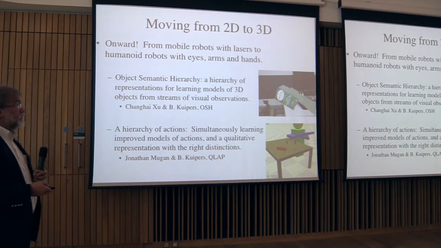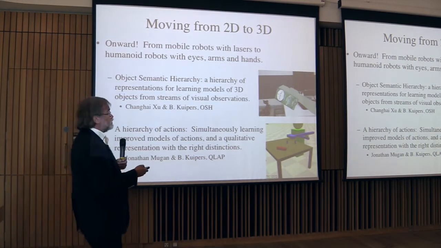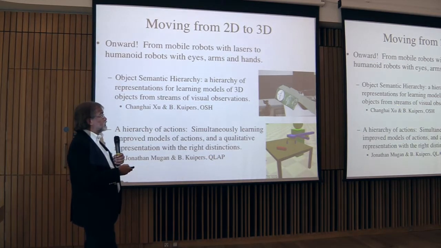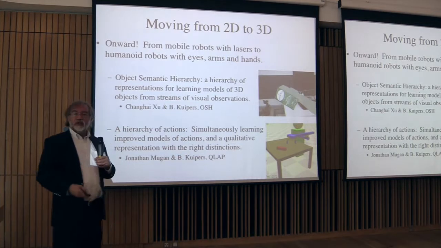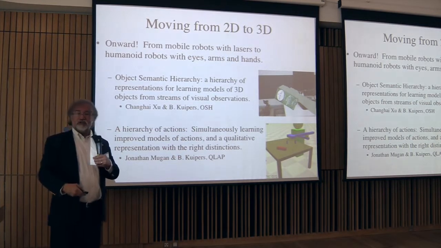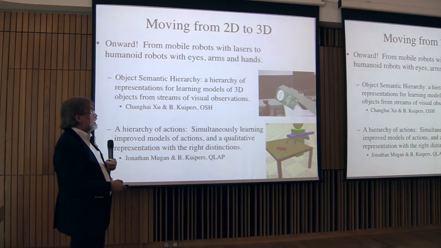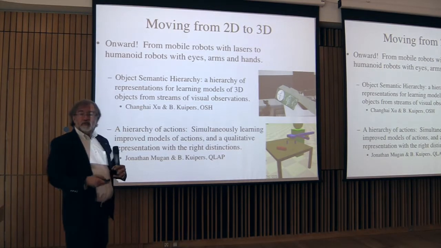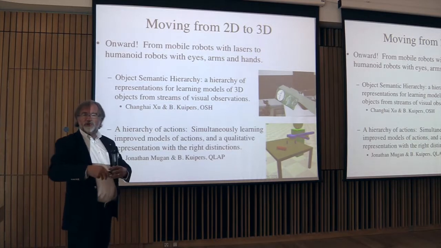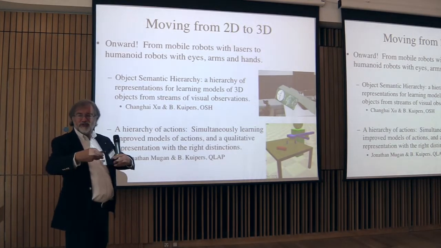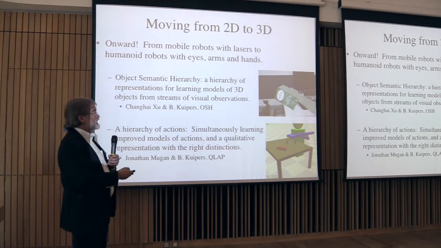And so this led to some work with my student Shanghai Xu, which we call the object semantic hierarchy, which is another hierarchy of representations about objects, building up from 2D to 2D surfaces in 3D to 3D objects and so forth.